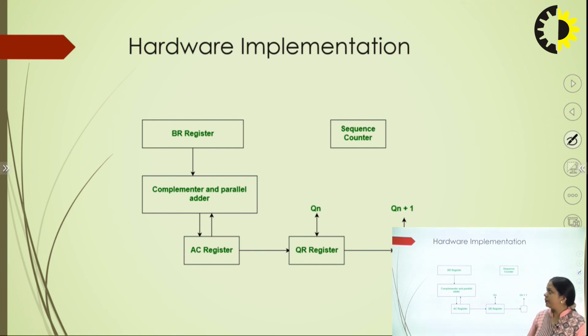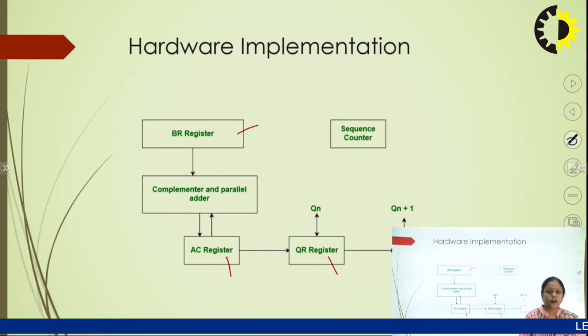You can see here, BR is the register where we store the multiplicand, and there is another register, QR, which stores the multiplier bits, because we have two numbers here. But there is another extra register, which is known as the AC register or accumulator register. Now what is the use of this AC register? The AC register is used to store the result.